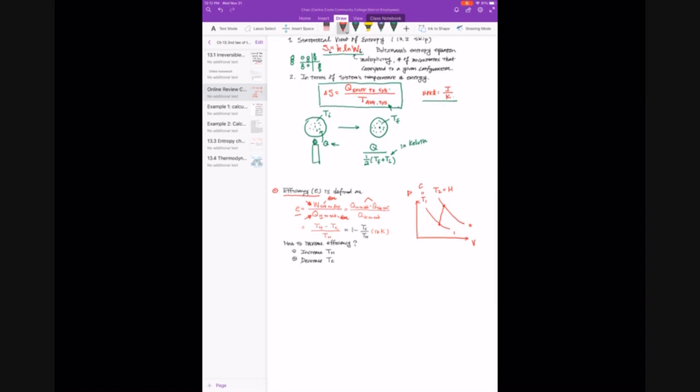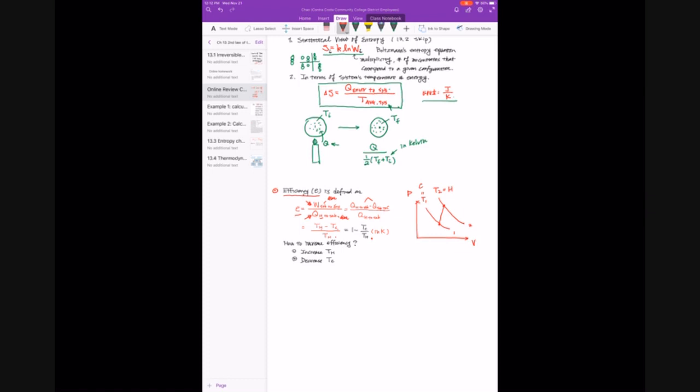And it turns out to be like this. Now, the temperature hot minus temperature cold divided by temperature hot. You can also rewrite this as 1 minus Tc over Th by divide Th at the top and the bottom at the same time. You will get this equation here.